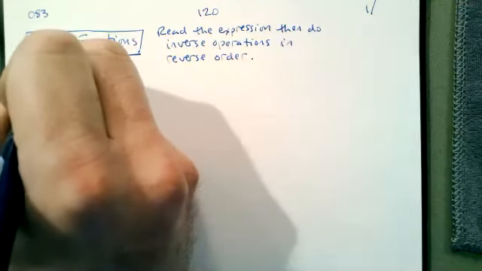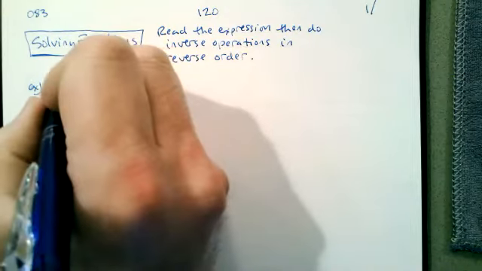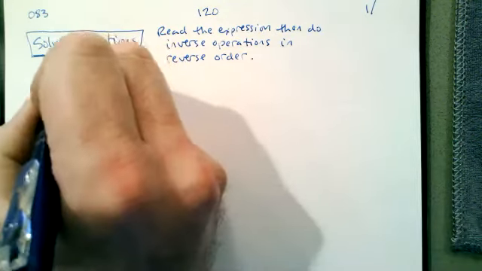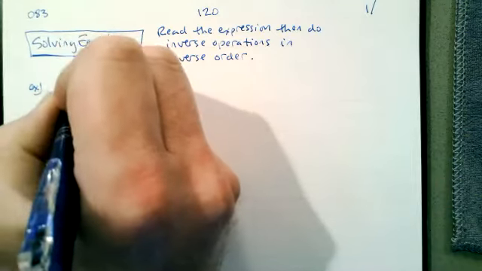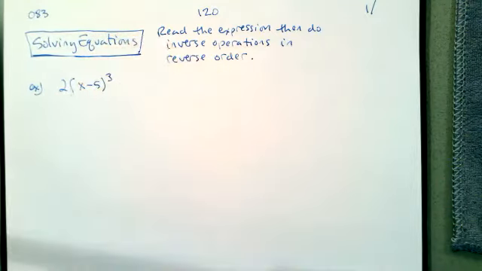I'm going to set up two equations that will look very similar because they'll use the same three operations, but the parentheses will put these operations in a different order. So for example, let's see, something that we haven't used for a while. 2 times x minus 5, then cubed.